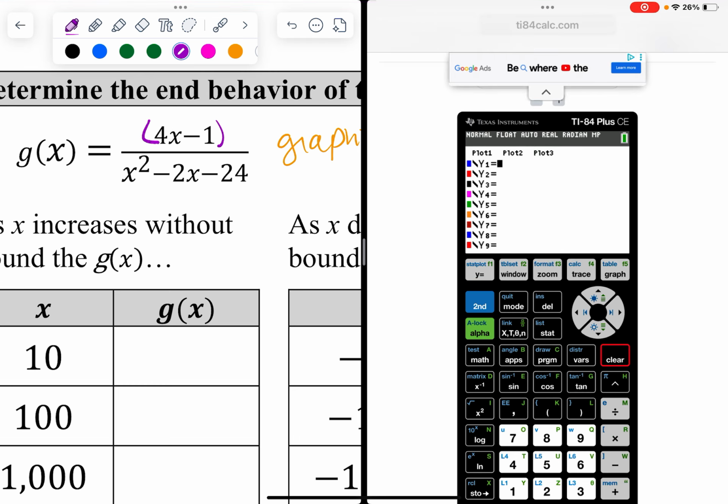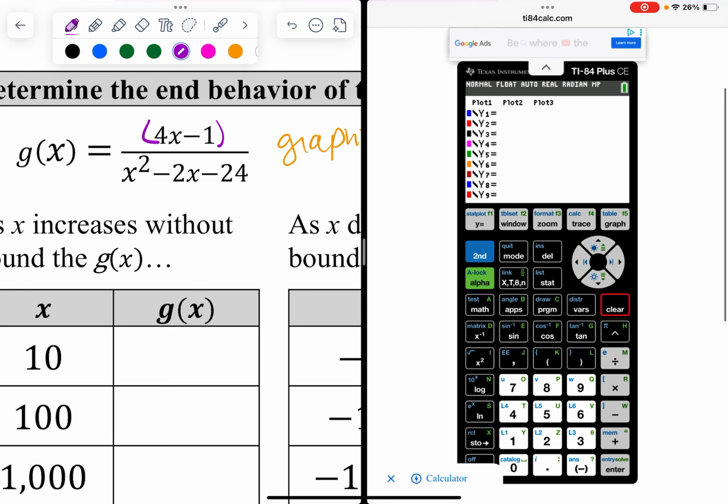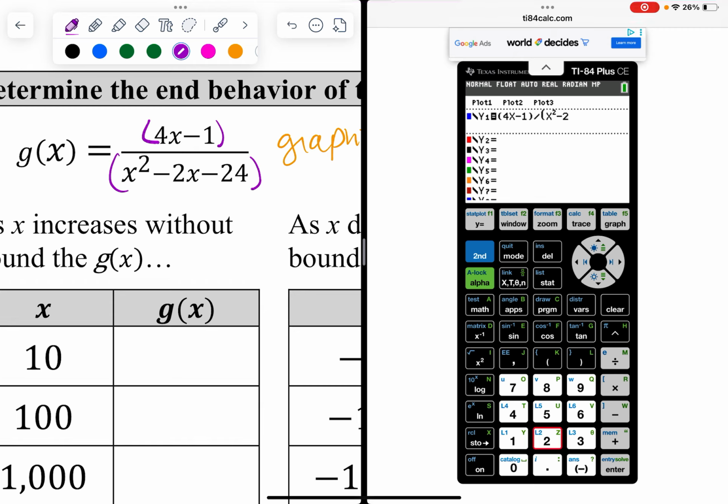Here we go. So we're going to go parentheses 4x minus 1, close parentheses, and then we're going to divide to get that bar, and then we're going to put another parentheses around the denominator. So parentheses x squared minus 2x minus 24. Once we have that all typed in, you're going to hit graph.